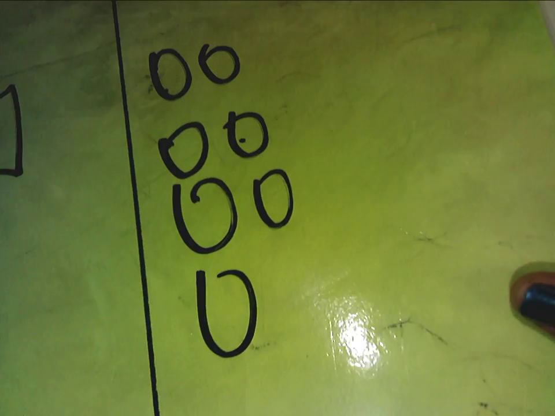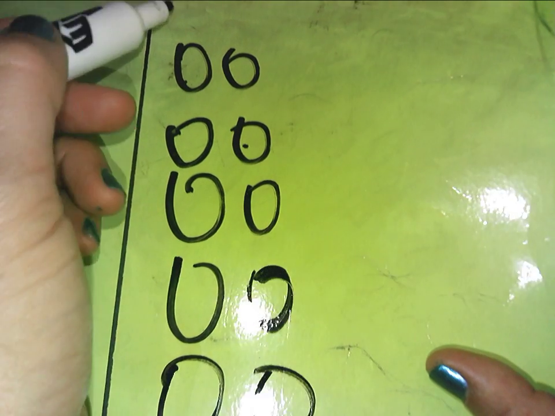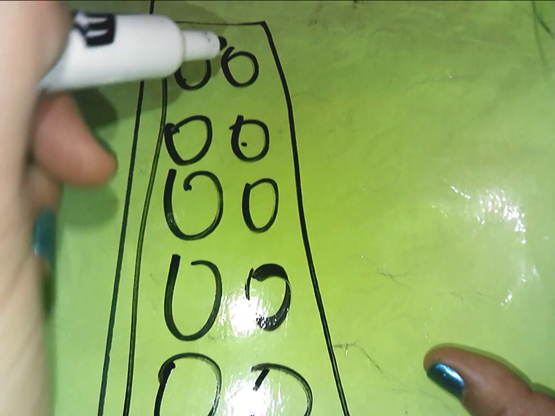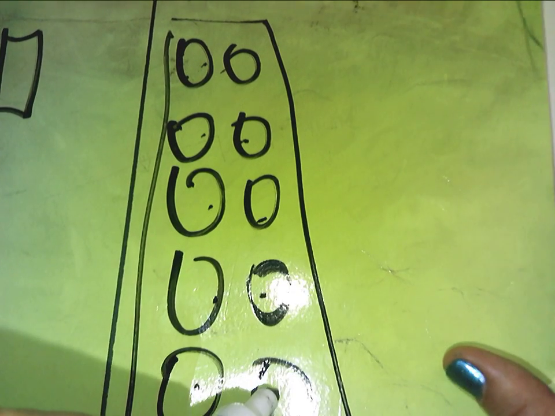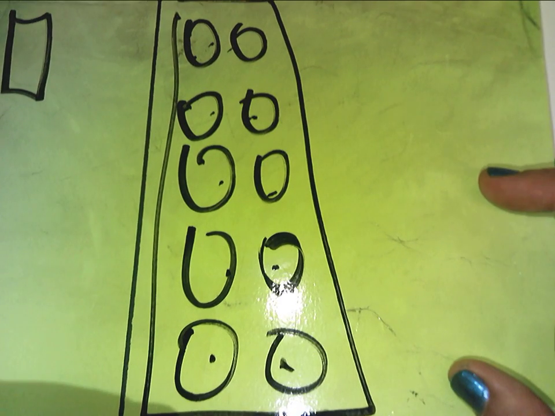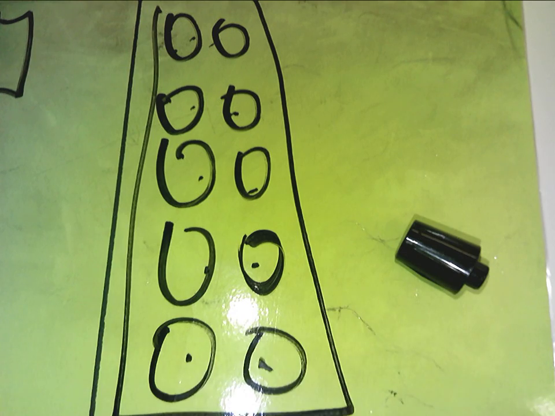Then on here, you do the same. 48, 49, 50. Look at my tens. How many do I have? 1, 2, 3, 4, 5, 6, 7, 8, 9, 10. I have 10. What can I do? Regroup. 10 ones, you regroup for 1 ten.